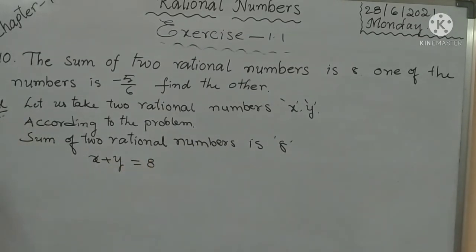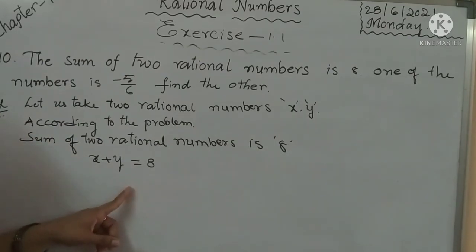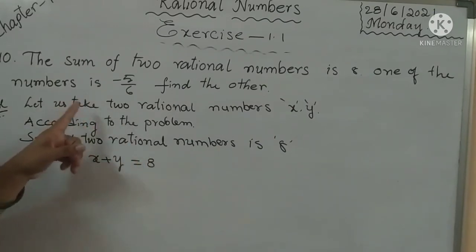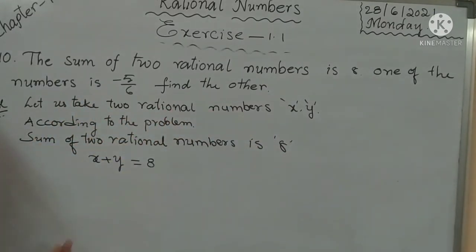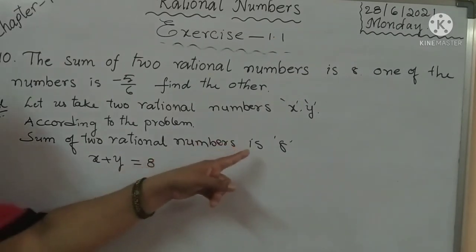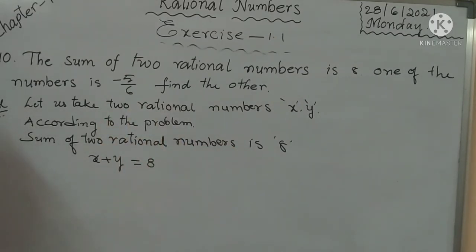Understand here? According to the problem, sum of two rational numbers, sum means we add, the symbol of plus. So x plus y, two rational numbers. Already we took two rational numbers x comma y. Sum of two rational numbers means x plus y is equal to 8. At the same time, according to the problem, one of the numbers is minus 5 by 6.